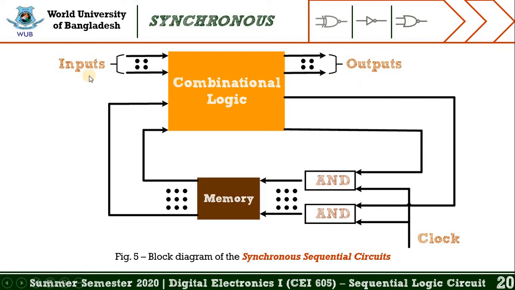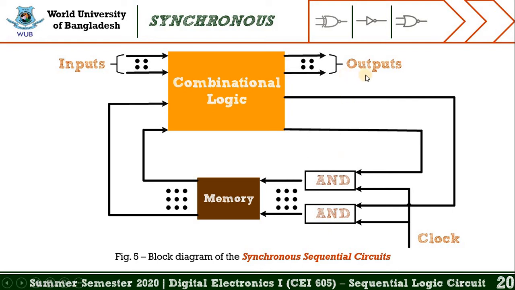In the left section, or the upper left section, you may find a number of inputs. In the lower portion of the middle section, you may find two things: the memory element or memory section, which is connected to the AND gates as well as the clock signals.